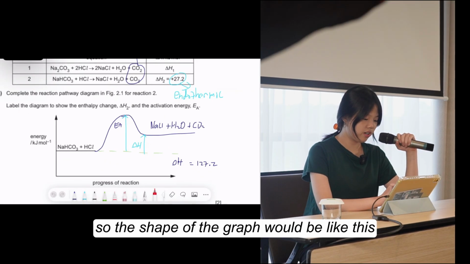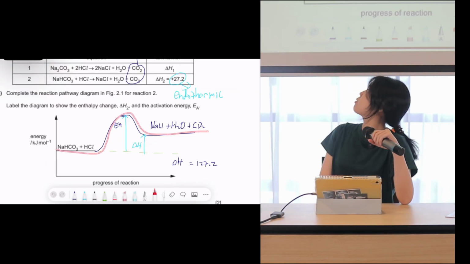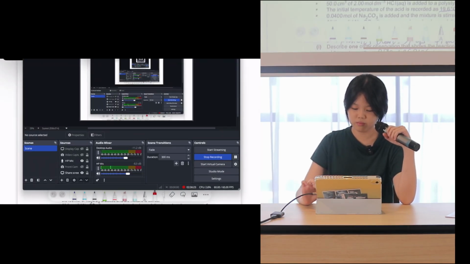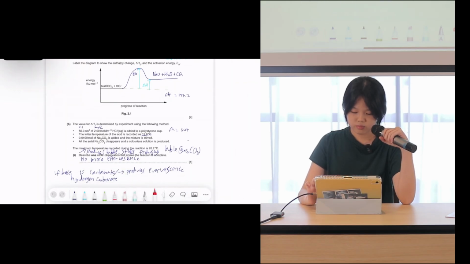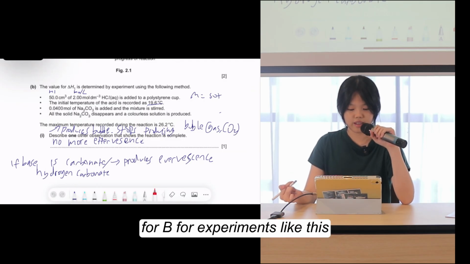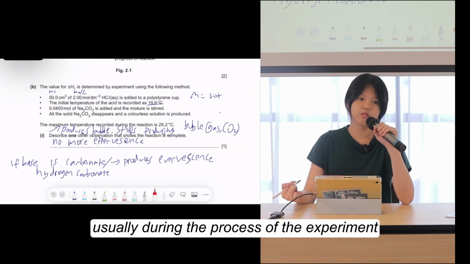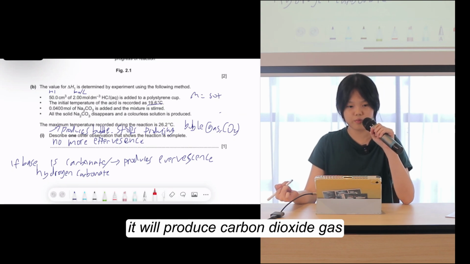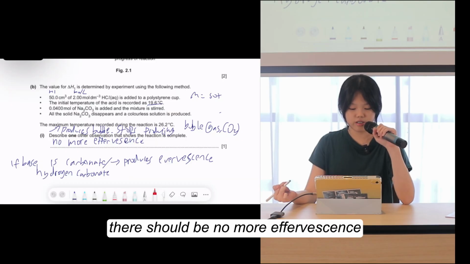So the shape of the graph would be like this. For B, for experiments like this, usually during the process of the experiment, it will produce carbon dioxide gas. So when the reaction is done, there should be no more effervescence.